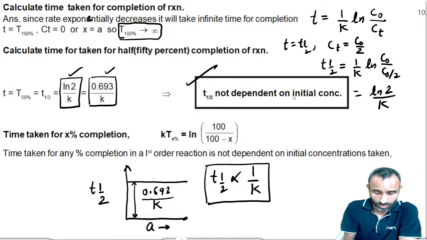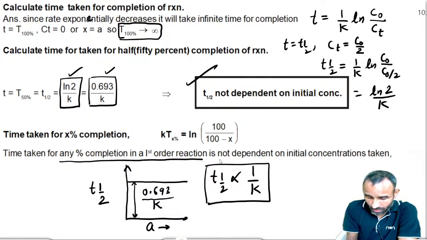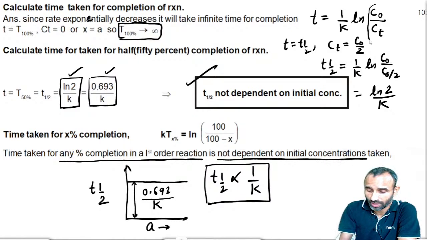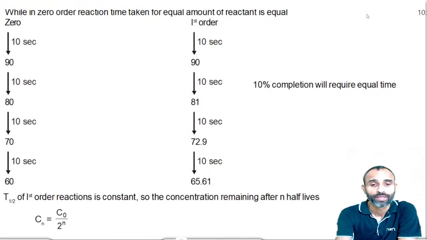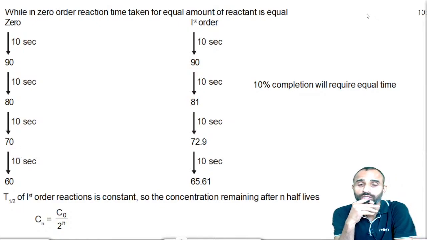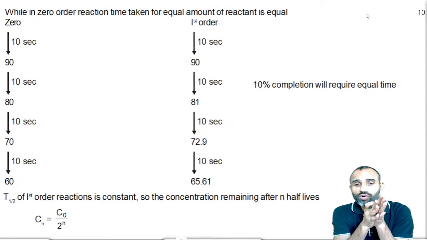And even time taken for any percent completion of a first order reaction is also not dependent on the initial concentration, because it takes the ratio. See, for zero order reaction, the time taken for equal amount of reactant is equal.